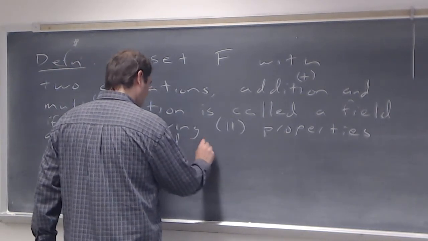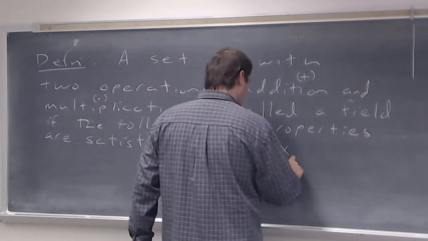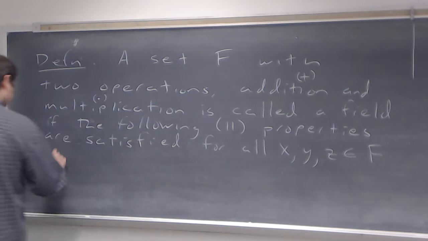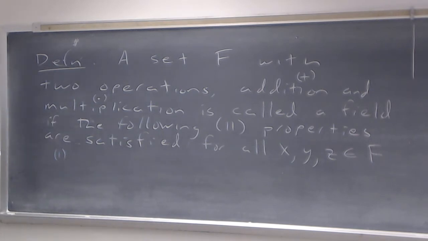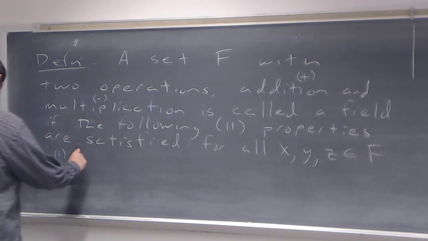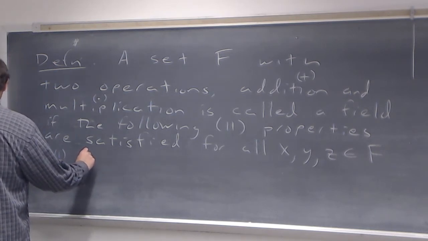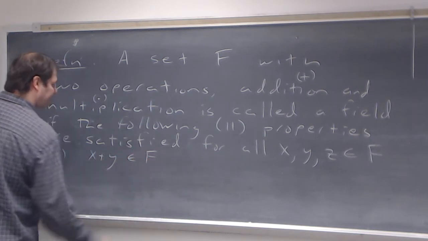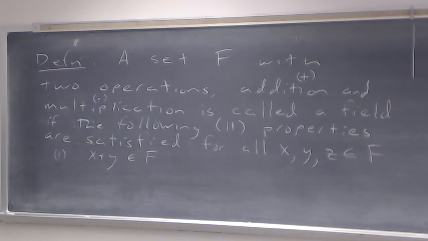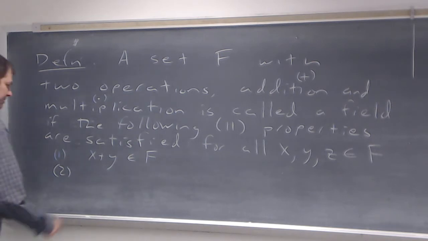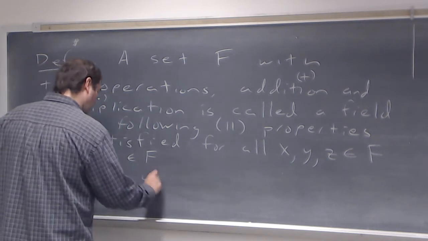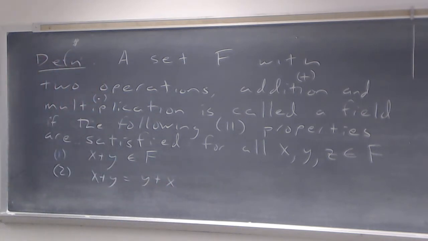For all x, y, and z that are in F, if you take x plus y, that is going to be in F. That says that F is closed under addition. You take any two of them and add them together, you get something that's back in the set. Second, x plus y is the same thing as y plus x. That's the commutativity property.